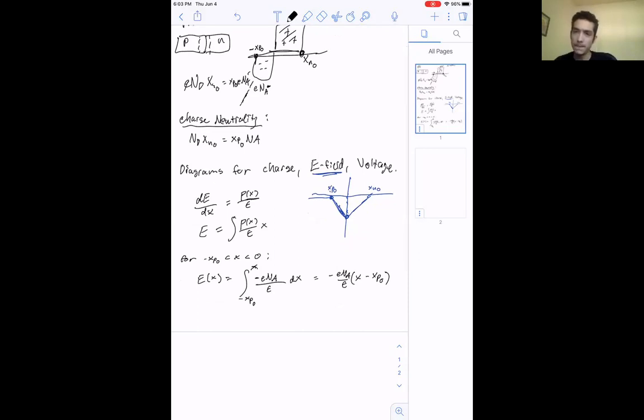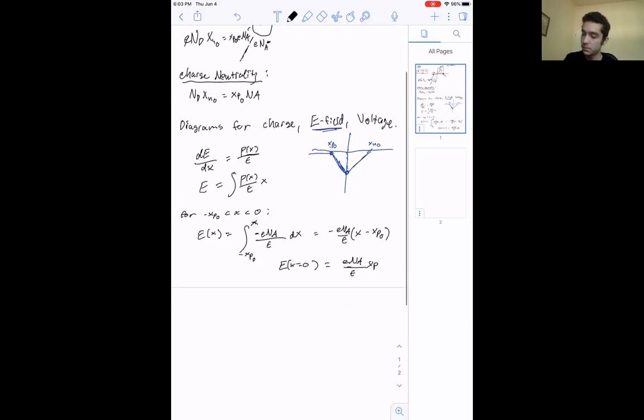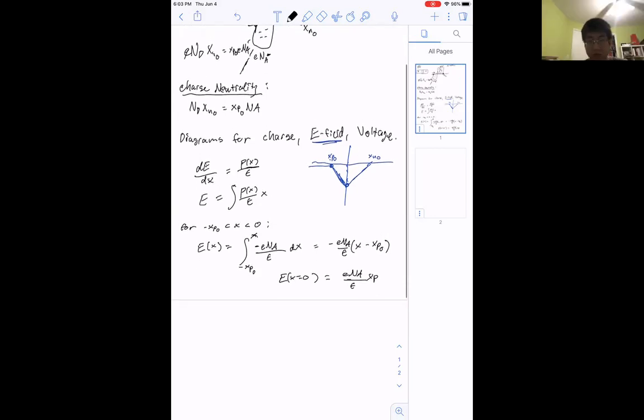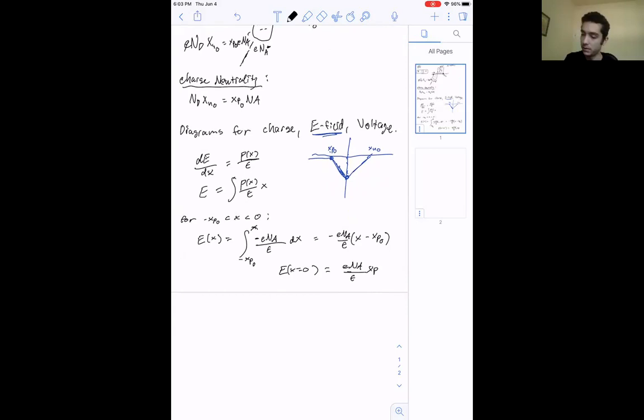And you can figure out how to apply the boundary conditions and get the expressions for the other regions. Since for this problem, all you really want to know is the value at that 0 point, I'm going to plug in E of x equals 0, and for that you get this value. So yeah, the magnitude of the E field.